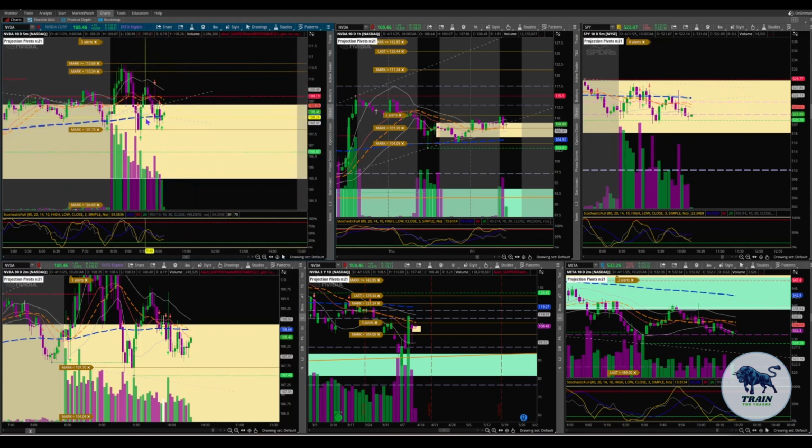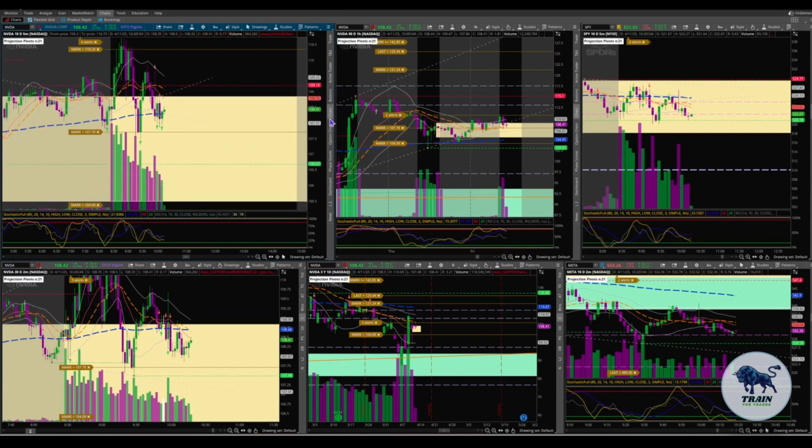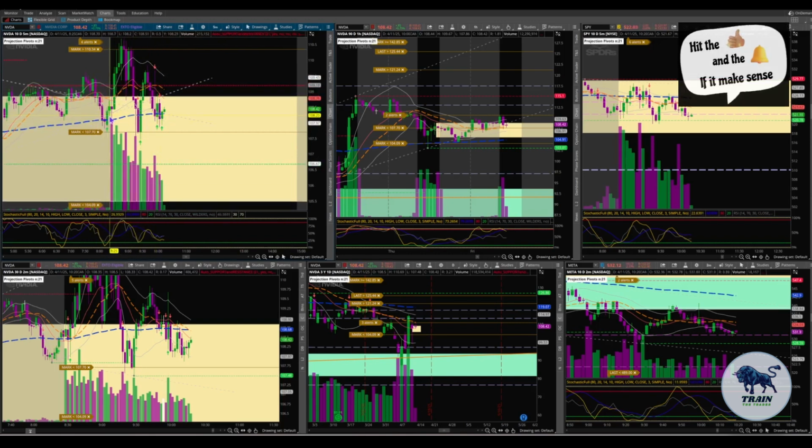We are holding the 200 SMA, like I was talking about on the 5-minute chart. This is big. We're still in our bull picture. My 20 SMA, my orange line, is above my 200, which is my blue.